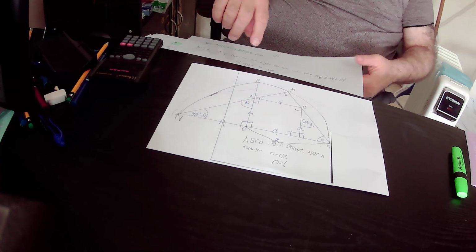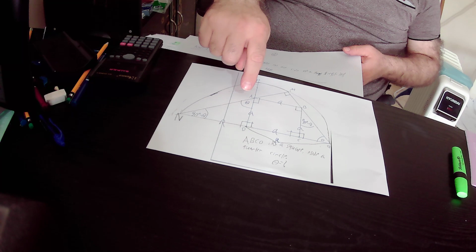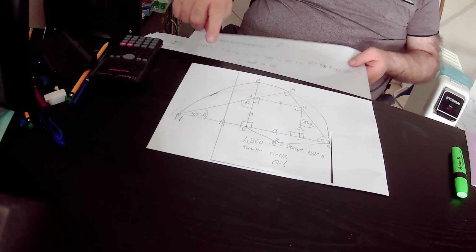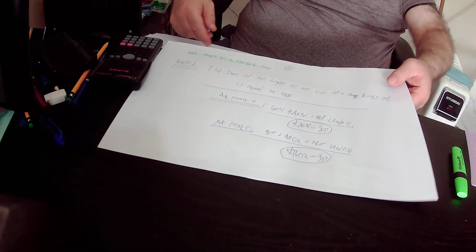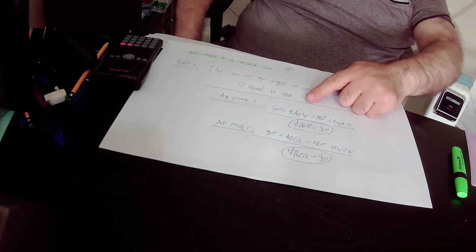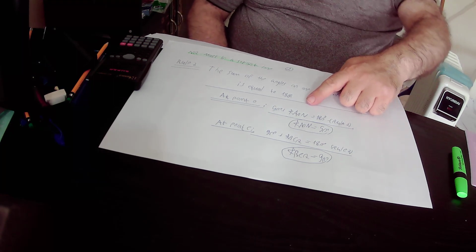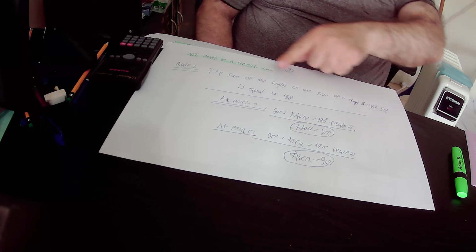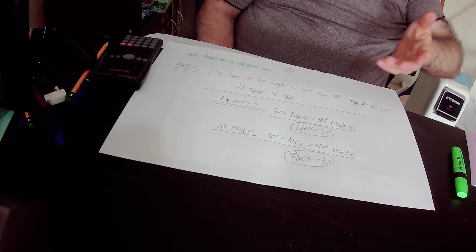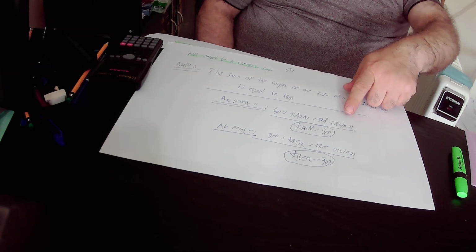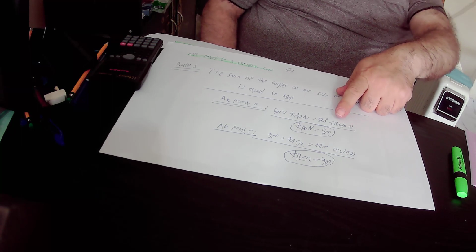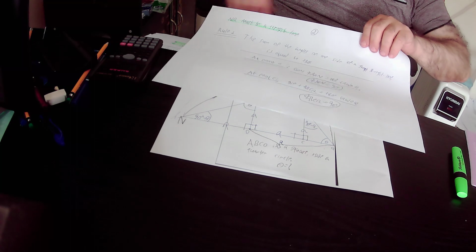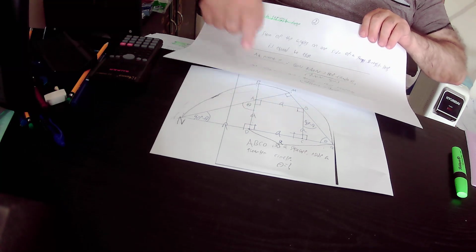Which angles do we have at point O? We have 90 degrees plus angle AON. In total they must equal 180 degrees. According to rule number 2, we subtracted 90 degrees from this equation, and we got that the missing angle AON equals 90 degrees.